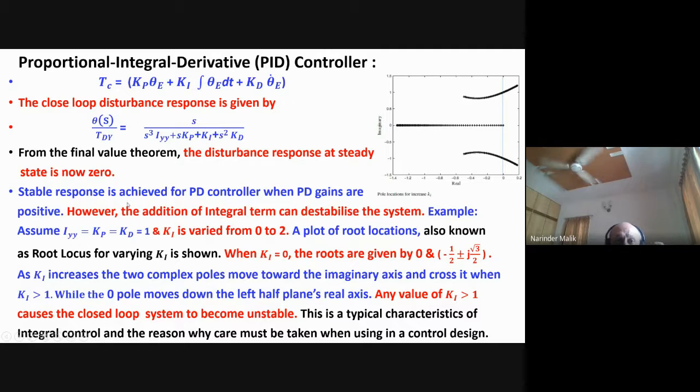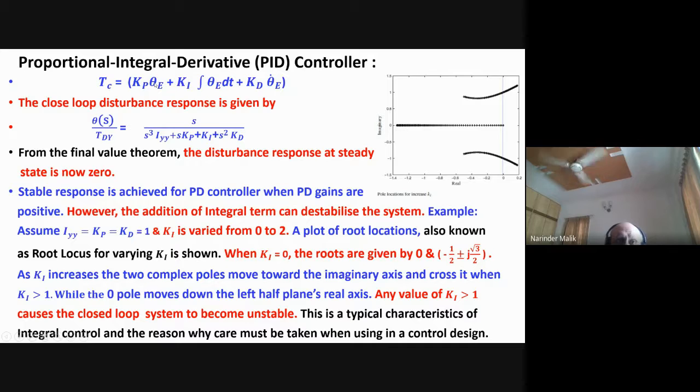However, the addition of an integral term can destabilize the system. You have an advantage: you can make the steady state error 0 by incorporating an integral term. But the integral term can also make the system unstable under certain conditions, whereas with a PD controller, so long as Kp and Kd are positive, you will always have a stable system.